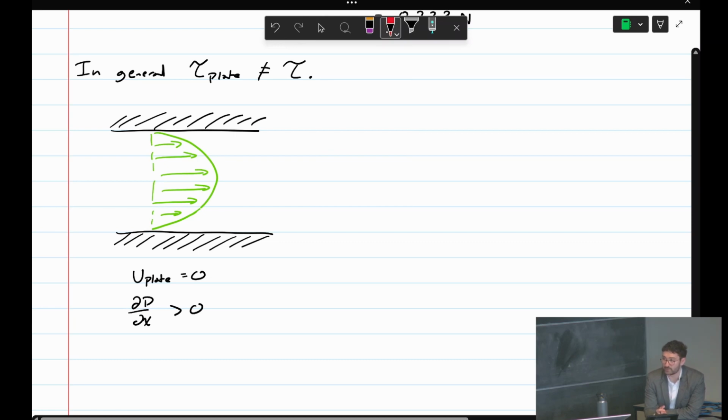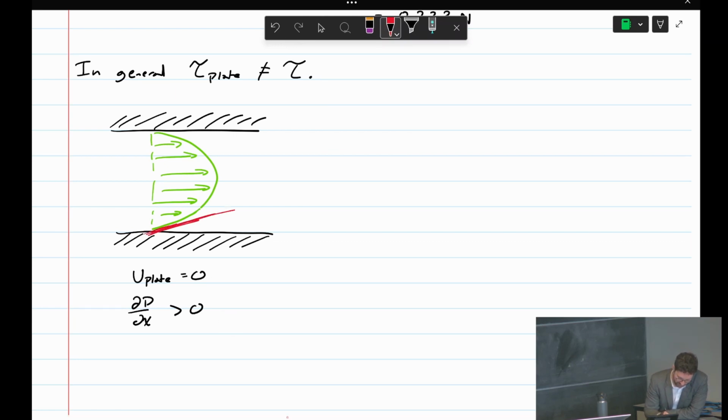What creates the drag force on the walls is the instantaneous slope at the wall, du dy. Here I'm using wall and plate interchangeably. So tau wall is mu du dy.